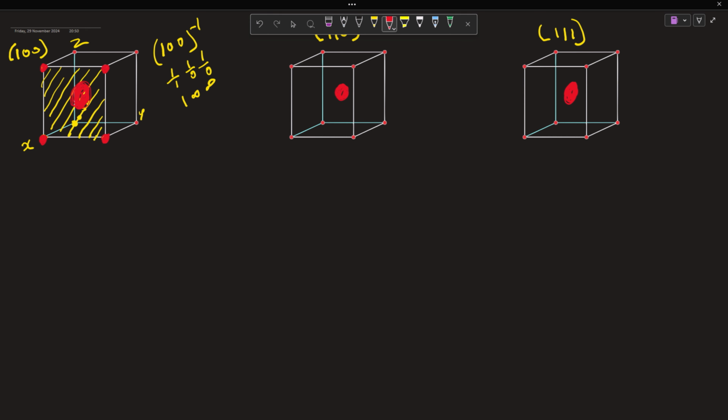Now, the formula for planar density. The formula for our planar density is the number of atoms centered on the plane over the area of the plane, right?